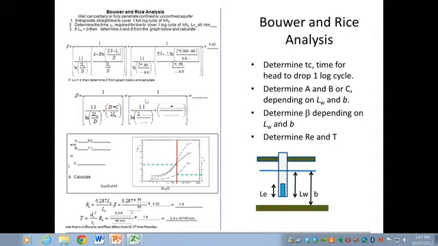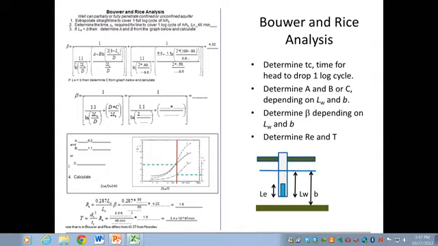In that case, you determine C here, and you do this calculation. So in our case, for the problems down at the Clemson Bottoms well field, LW will be less than B, and we'll do this analysis.